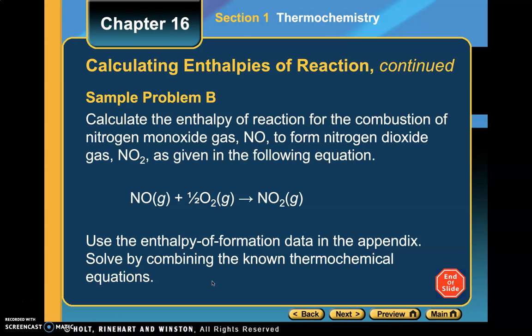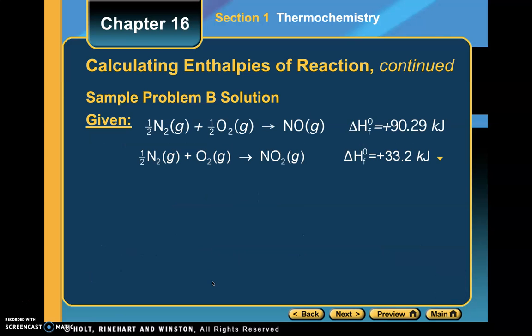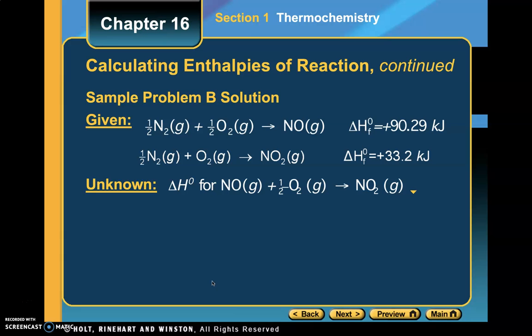So what are you going to go through and do? You're going to go find the delta H for oxygen, for NO, and for NO2, and then you're going to combine that data that you find into this equation that you have here, right? So you're going to go through the same process that we just did where you're canceling things and adding stuff together. They do it all for you right here, so there's your data, right?